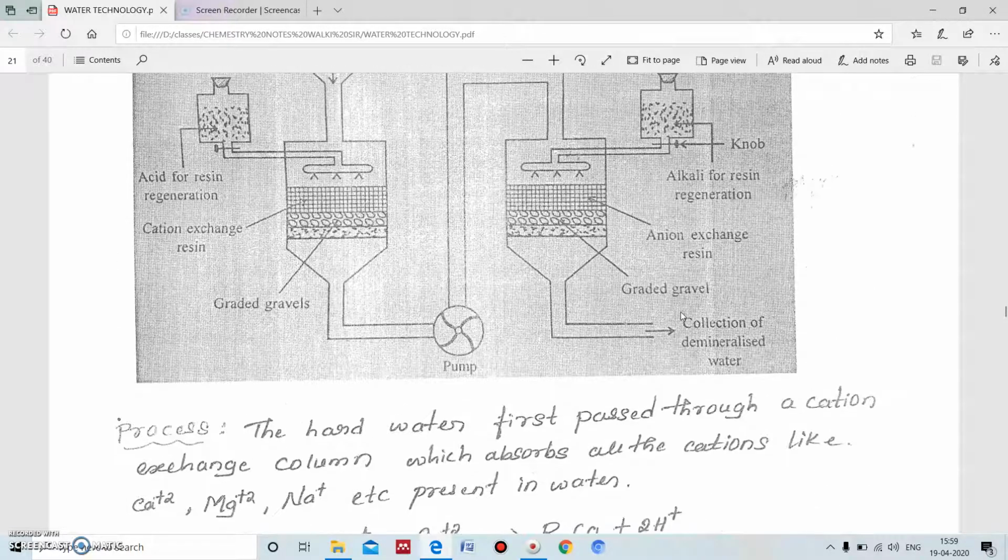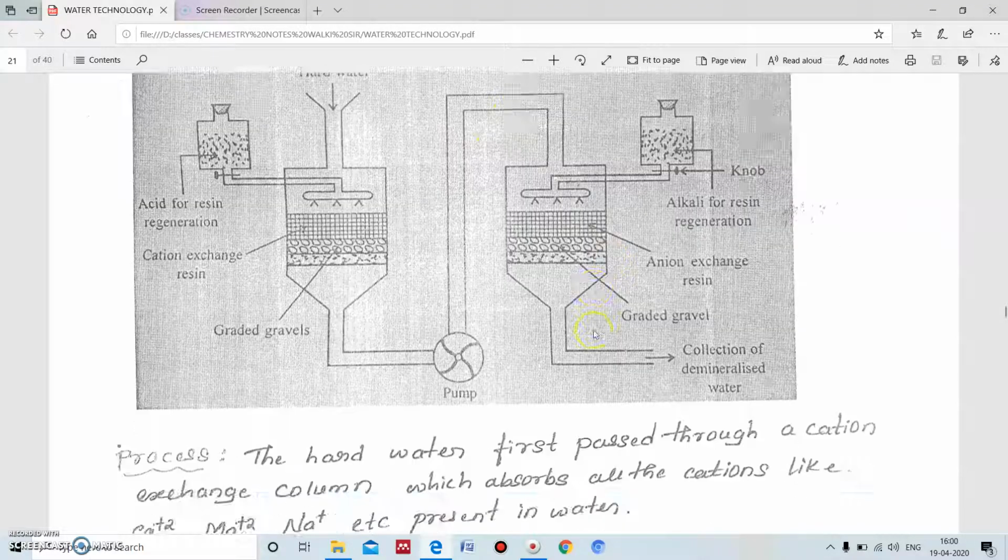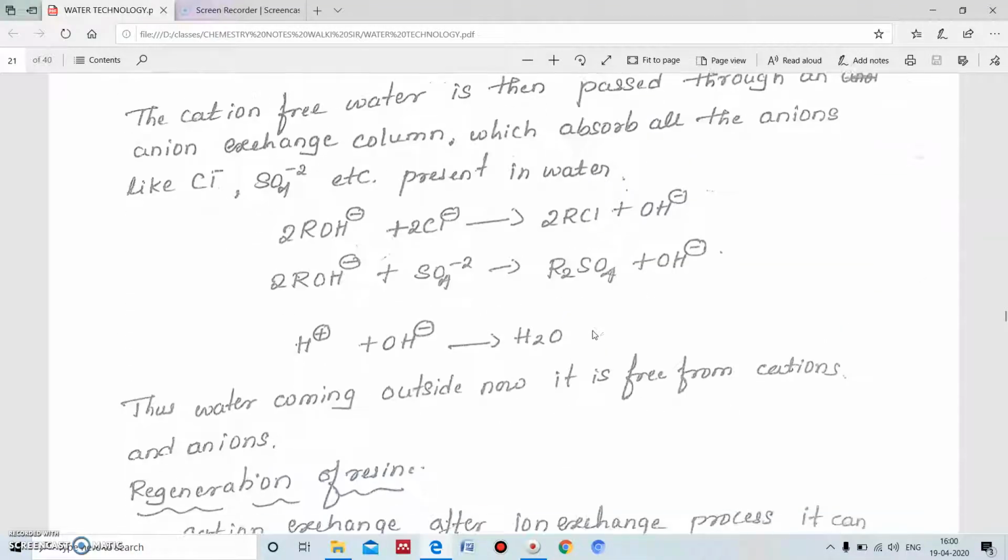After completion of this process, the water coming out is pumped into the anionic chamber. In this chamber, the anion exchange resin exchanges OH- ions with anions present in the water.